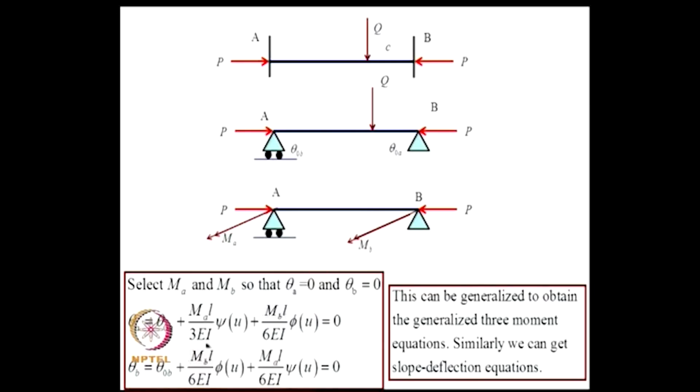So we get the two equations which we should be using to find MA and MB. Now this approach can be generalized to obtain generalized 3 moment equations. Similarly we can get slope deflection equations, you can do moment distribution, whatever you are traditionally doing, we could do this. So this is a very classical set of tools.